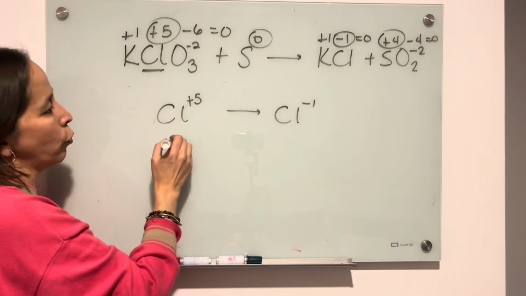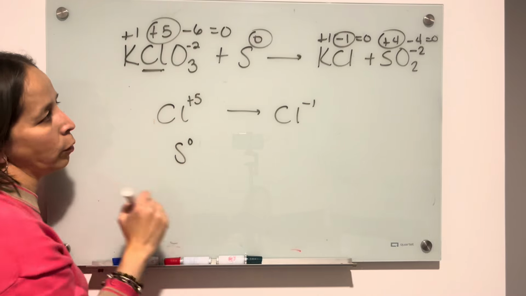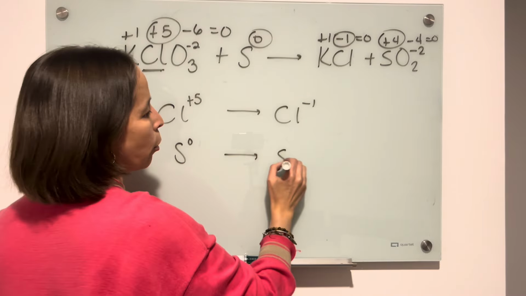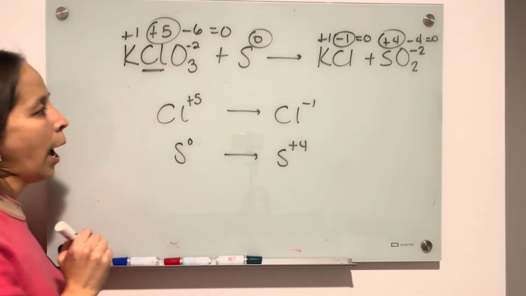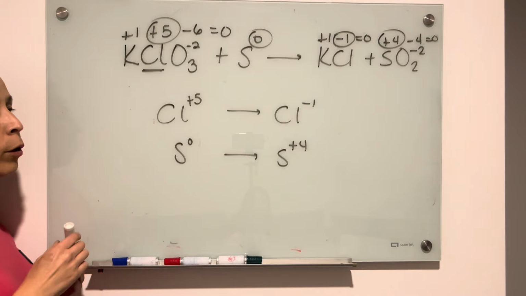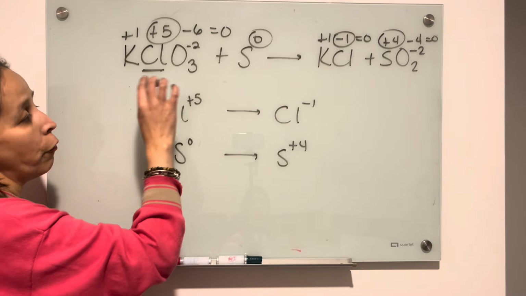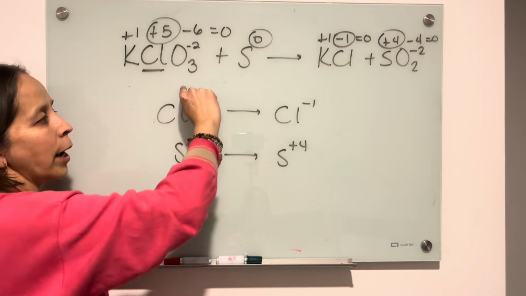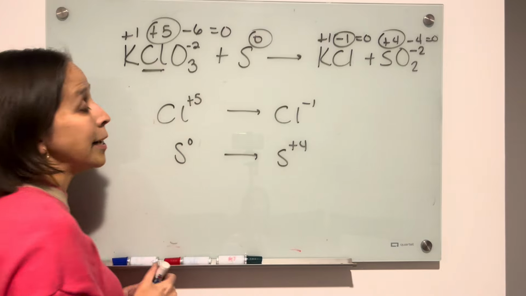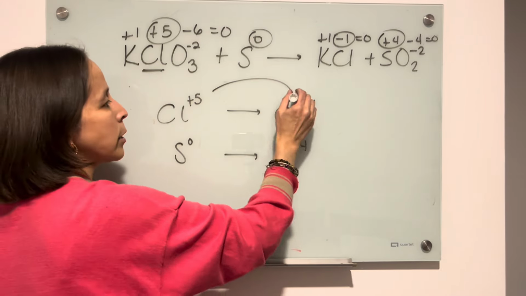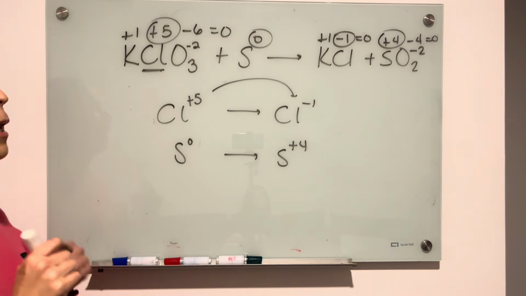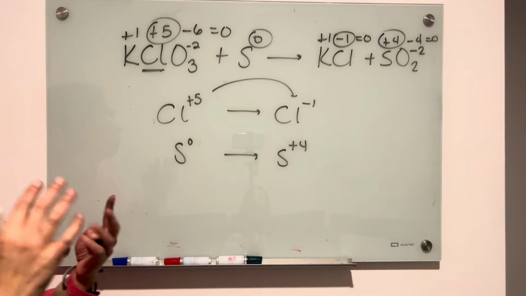Also we have sulfur 0 in this side of the equation, and sulfur +4 in this side. And now we are going to identify what happened with the oxidation number. First, here we have +5 and it changes to -1. This oxidation number reduces its value, and electrons are negative numbers.